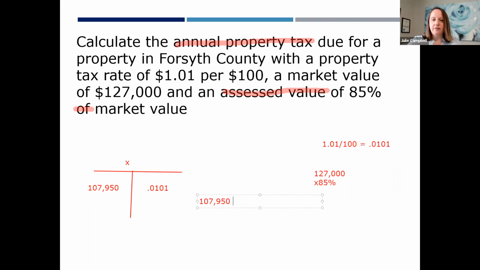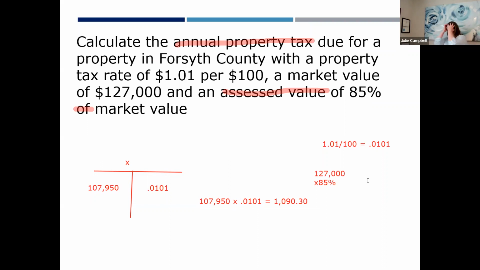So we take 107,950 times 0.0101, and I get annual taxes. I rounded just a little bit there, $1,090.30.